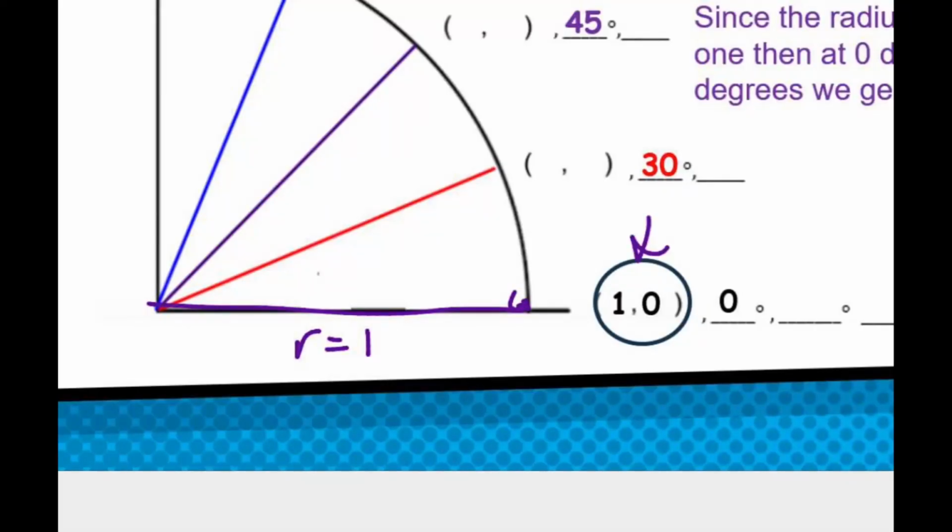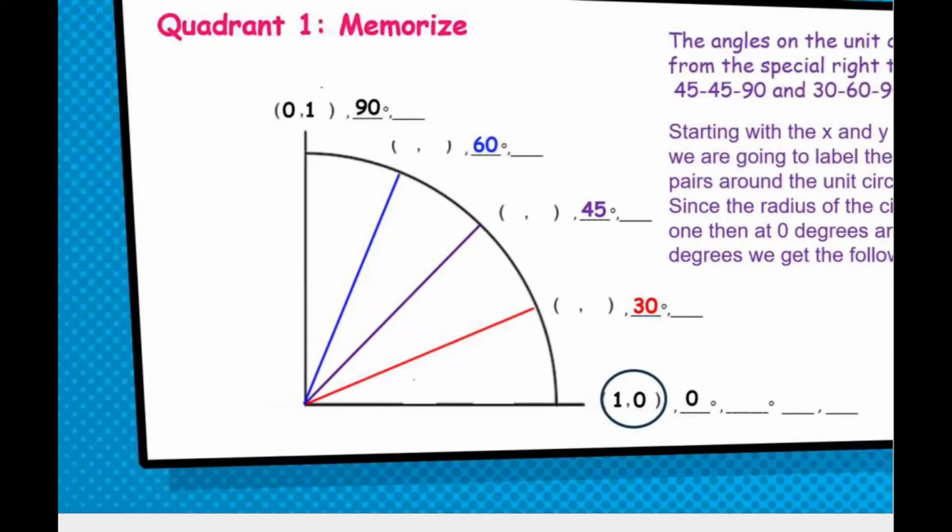That's where this ordered pair comes from. Furthermore, on the y-axis, this one right up here, we've gone left or right nothing, but went up 1 because this radius is equal to 1.